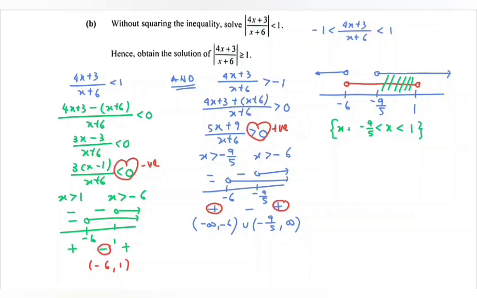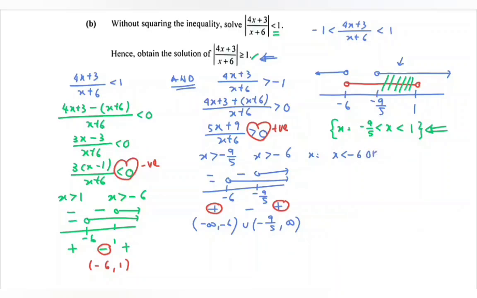Next, refer to the question, hence obtain the solution if we have the modulus of (4x plus 3) over (x plus 6) is greater than or equals to 1. So for this case, we have less than 1, so that would be the answer. For the another part, meaning outside the green in color, that will be the answer for this second part. So the answer would be x such that x less than negative 6, not included, because x plus 6 is in the denominator, so x cannot be equals to negative 6.